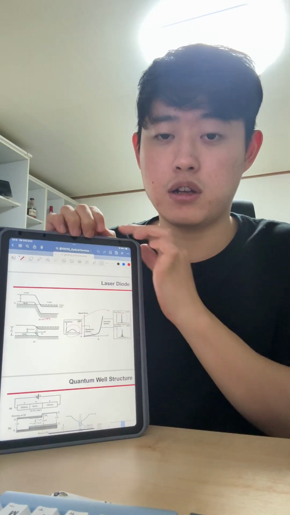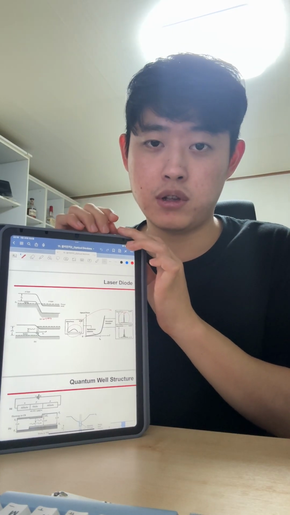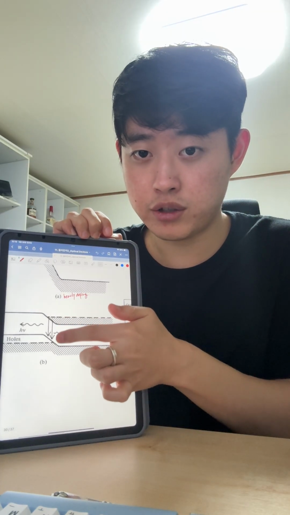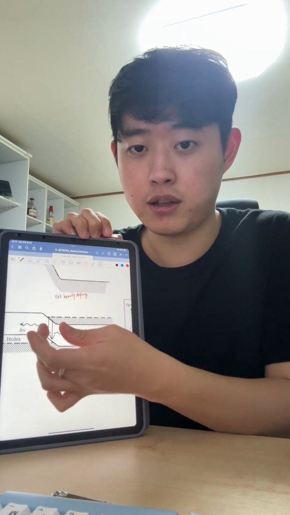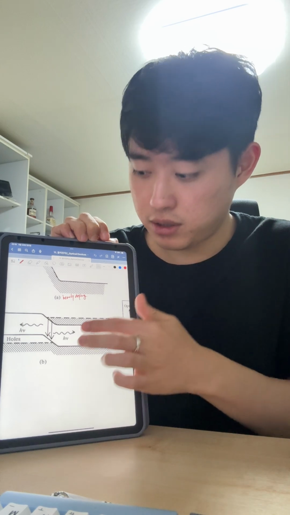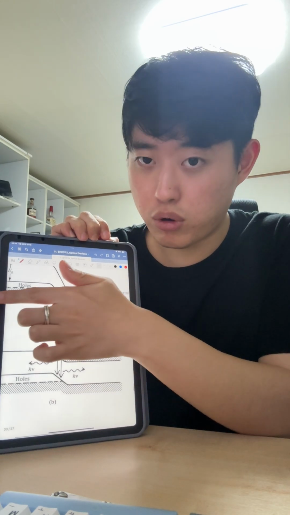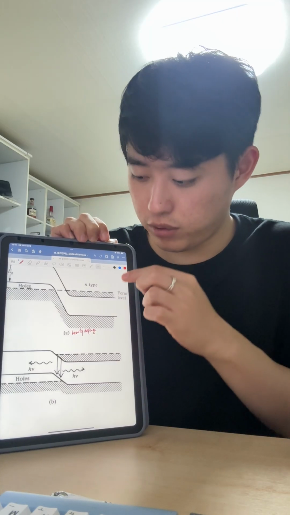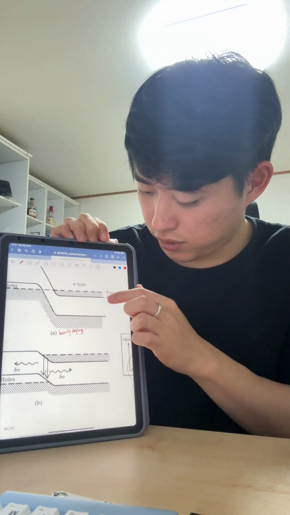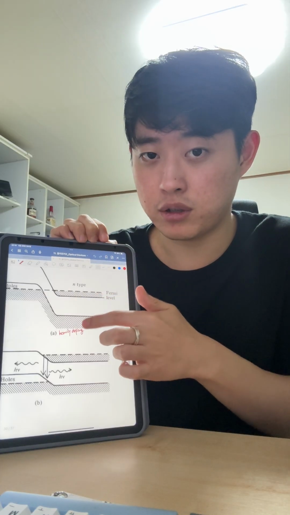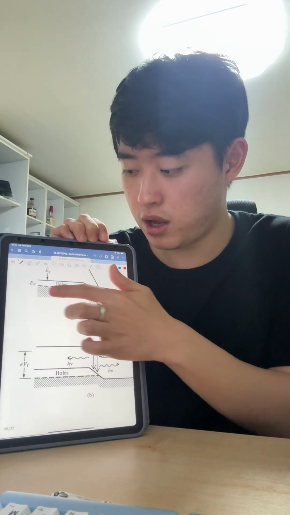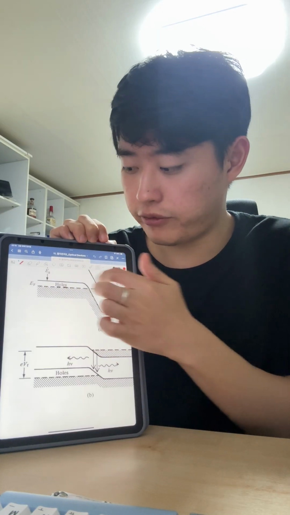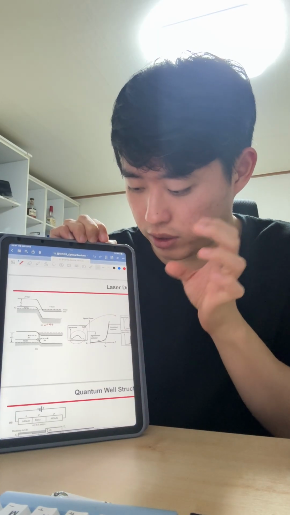Laser diode is similar to LED, so it goes from the conduction band to the valence band with light emission, but it's very heavily doped, so the Fermi level is above the N-type conduction band, and the conduction band is above the Fermi level, so very heavily doped.